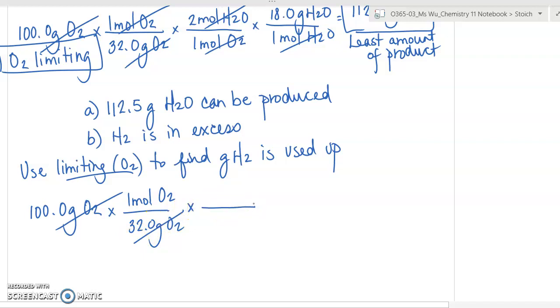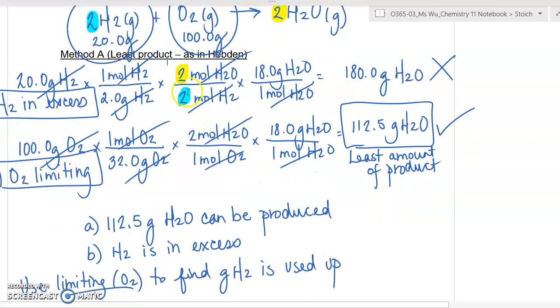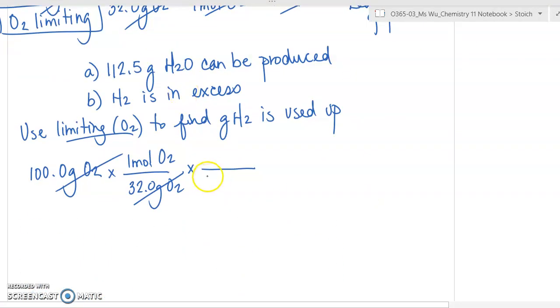Next, according to our balanced equation, let's go way back to our balanced equation, way up here. 2 moles of our hydrogen reacts with 1 mole of oxygen. So 1 mole of oxygen, 2 moles of hydrogen. So this right here is our mole ratio, the coefficients from our balanced equation. Got it.